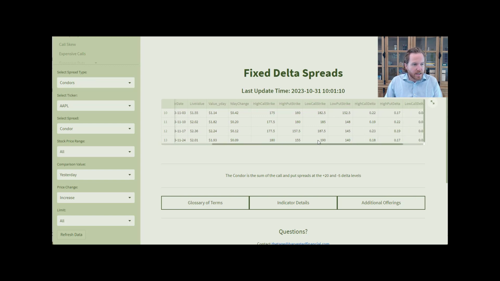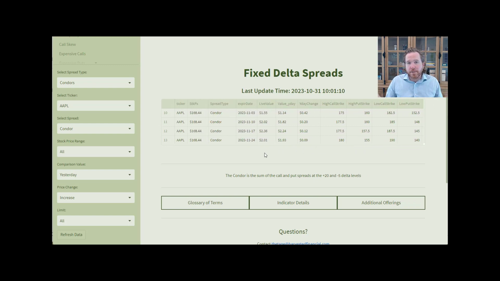We can see that in Apple, that condor is from 175 to 182 on the call side, and then from 160 to 152 on the put side. So deltas are targeting right around 25, and those condors have also gone up. So in some ways, condors are as much a measure of the wings as the straddle is the measure of the at-the-money volatility.